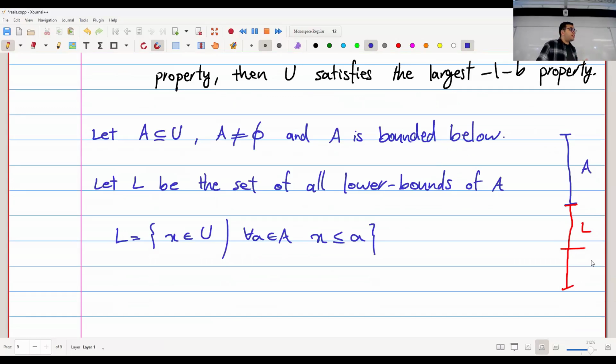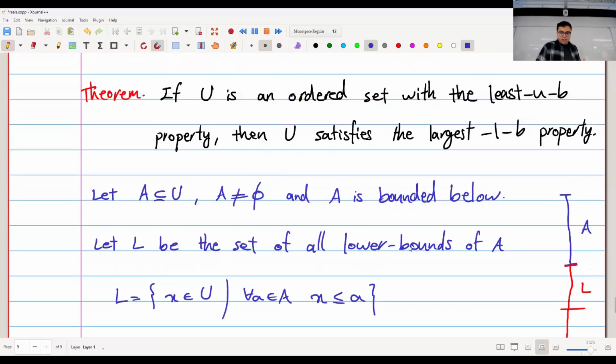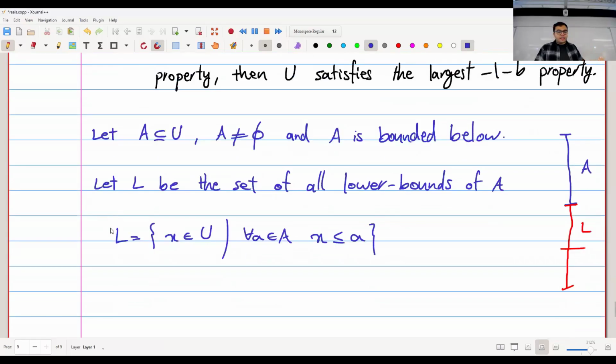Do you agree that L is non-empty? Yes, because I was saying that my original set A was bounded below, so there was a lower bound on A, and L is the set of all lower bounds. So L is not empty. Is L bounded from above? Do I have an upper bound on L?